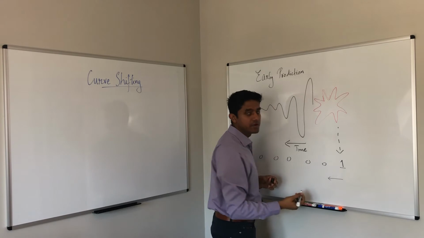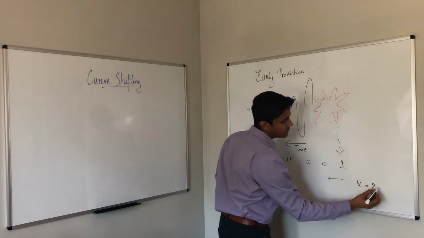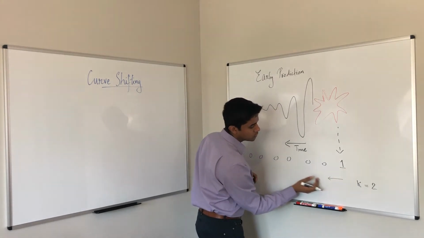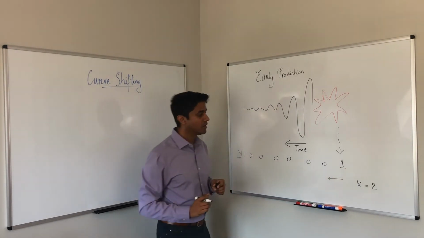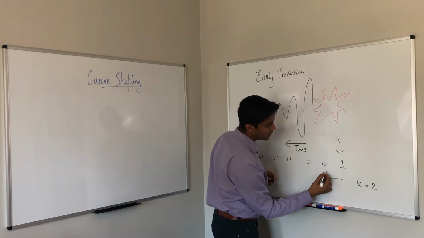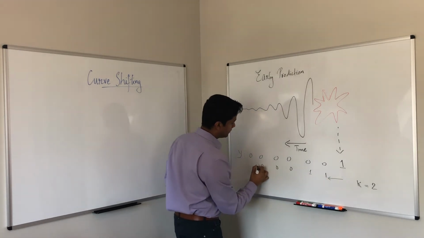Let's say I am shifting it by k time units. Suppose k is 2. What I will do is shift this by 2, slide it here, and when I slide it here, I'm going to replace these zeros with 1. And everything else remains the same.